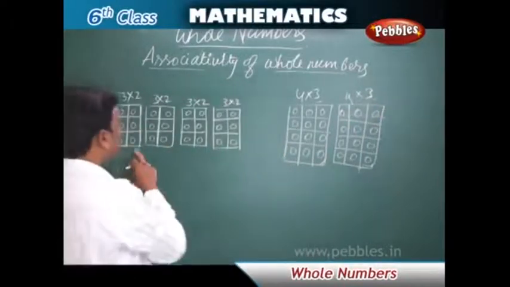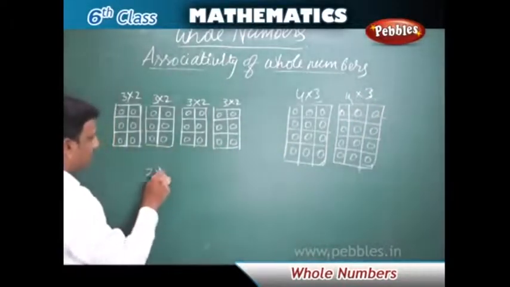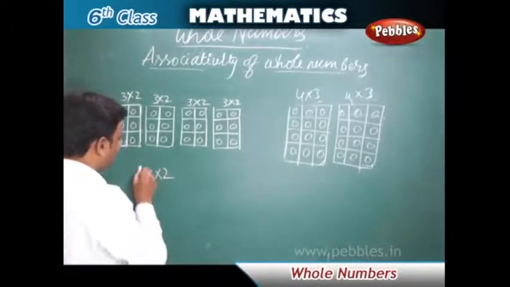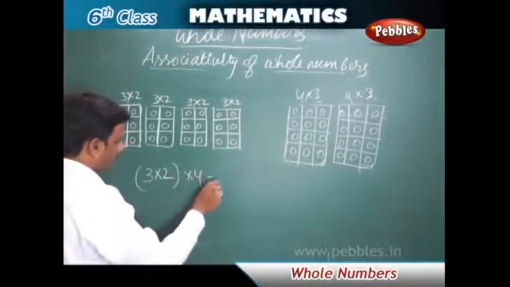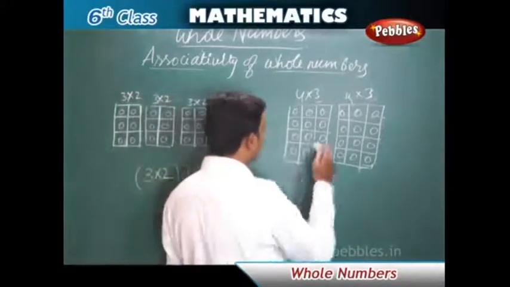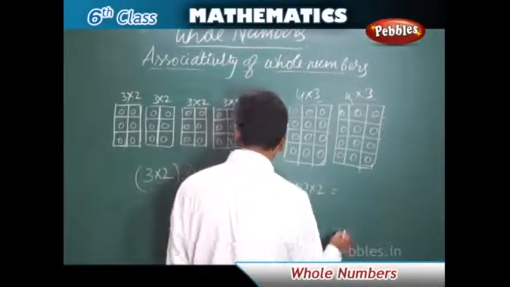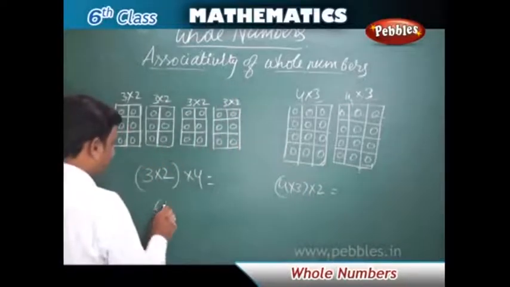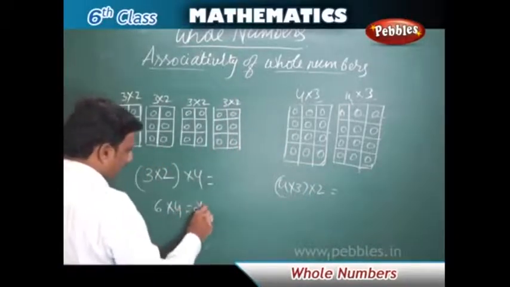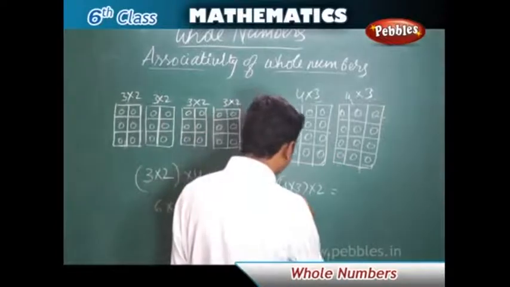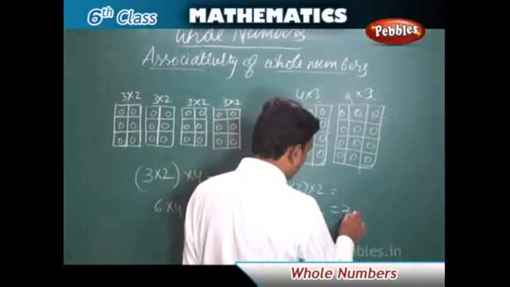So here there are 4 boxes in total. Each one is 3 into 2, into 4. In the same way, here 2 boxes, 4 into 3, into 2. 3 twos are 6 into 4, 24. And 4 threes are 12 into 2, 24.